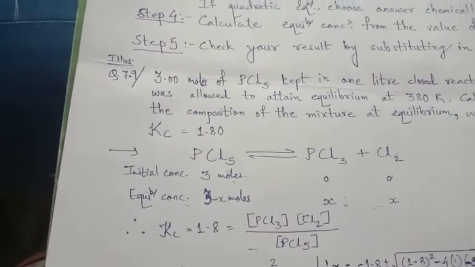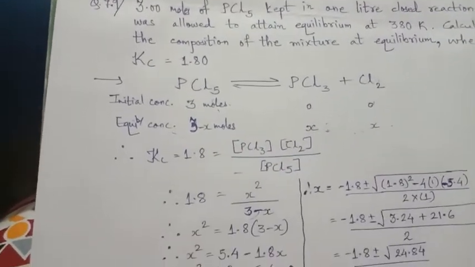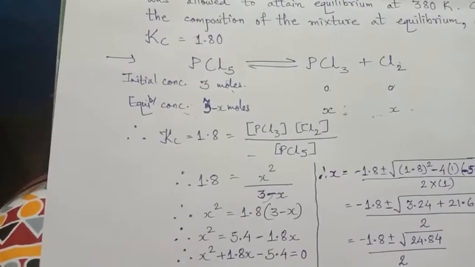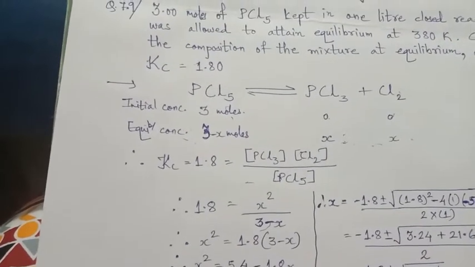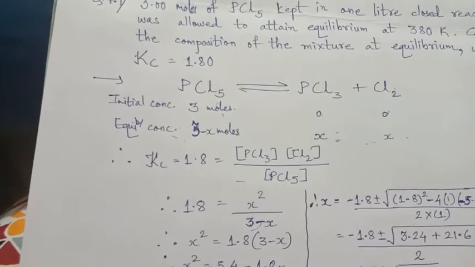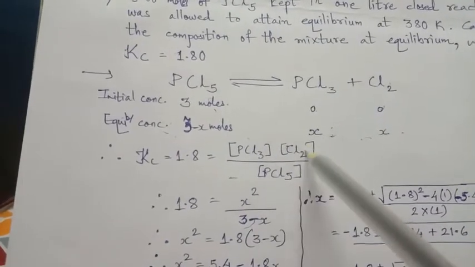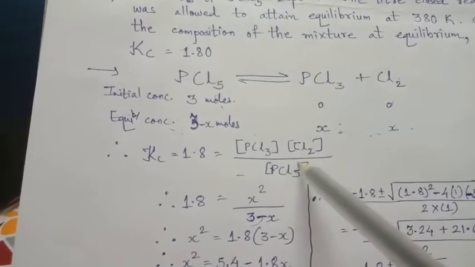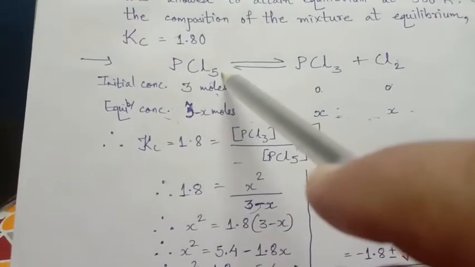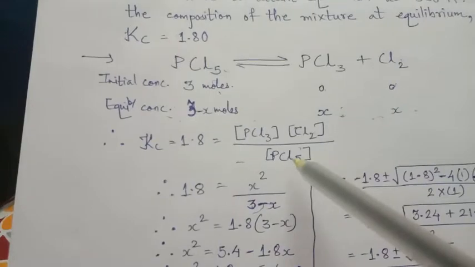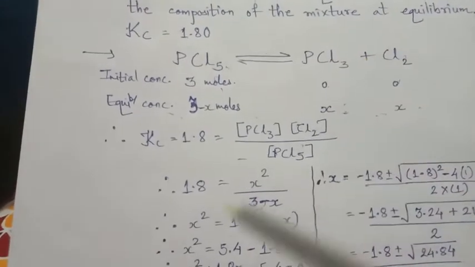Clear? Now putting in the formula of Kc, the equilibrium constant, which is already given as 1.8, it is equal to the multiplication of the products divided by the multiplication of the reactants. But here there is only one reactant, so no multiplication is necessary.